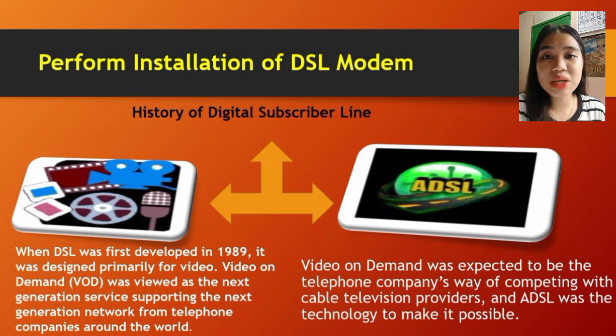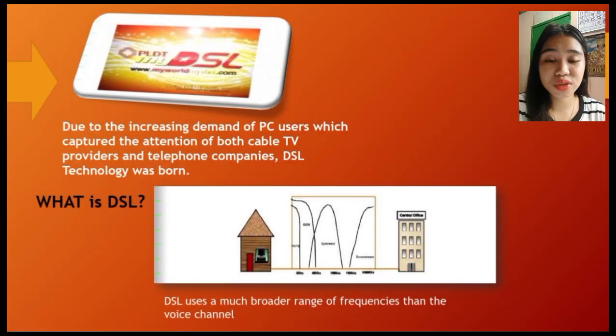So due to the increasing demand of PC users, which captured the attention of both cable TV providers and telephone companies, DSL technology was born. That is the reason why DSL technology was created.